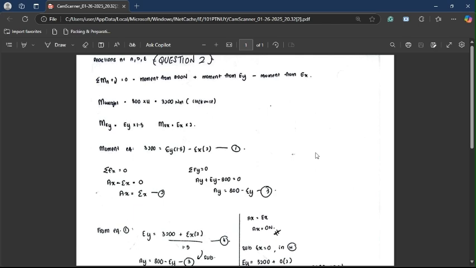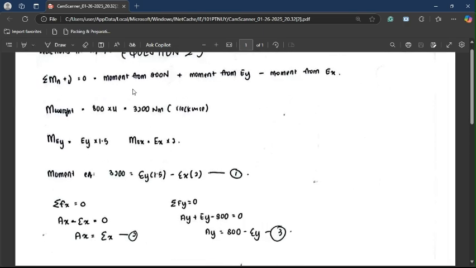Okay, first of all, we are going to see the moment equation. As we can see that ΣMA, and this is clockwise. So we draw an arrow like this and put a positive here. So the sum of moments is equal to zero.